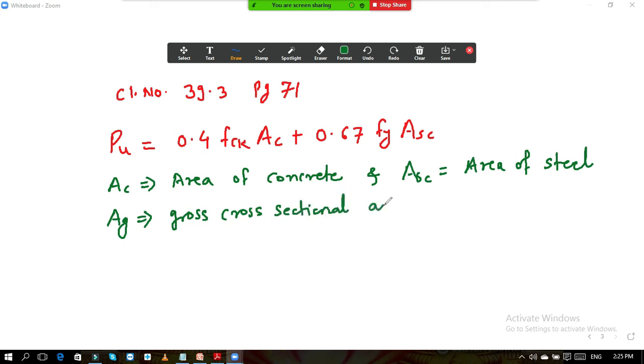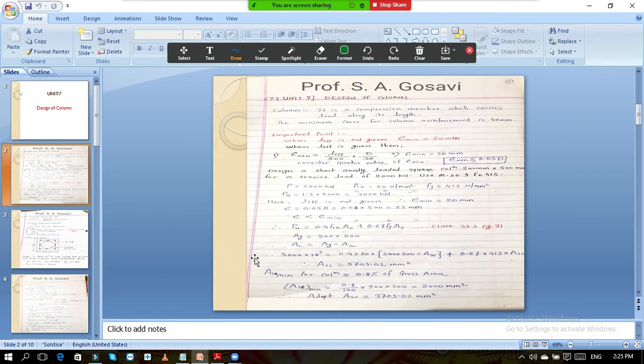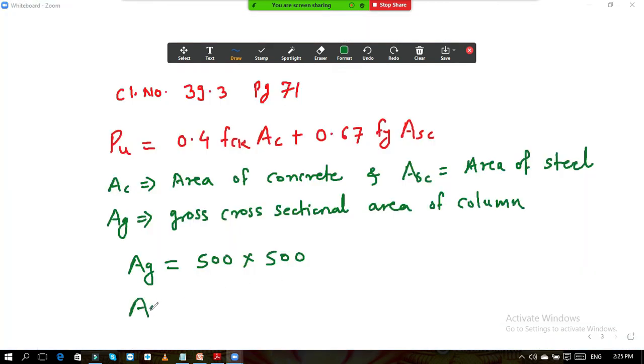This AG value is known to us: it is 500 by 500. We know that the total gross cross sectional area is nothing but area of steel plus area of concrete.